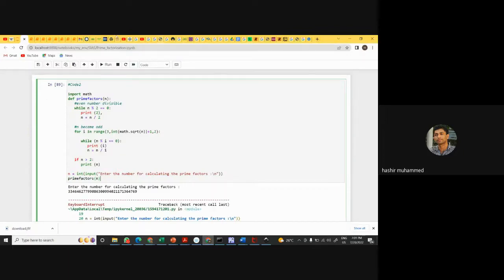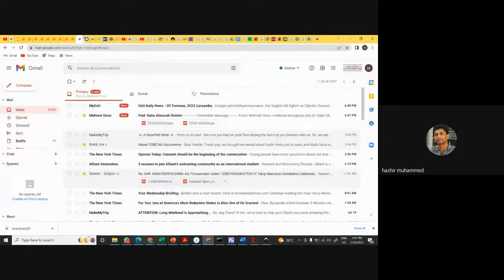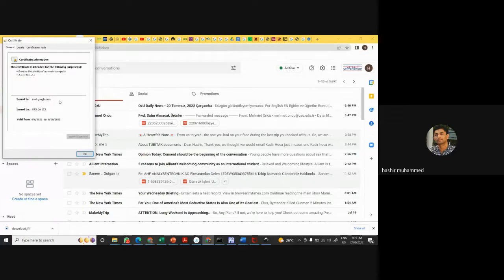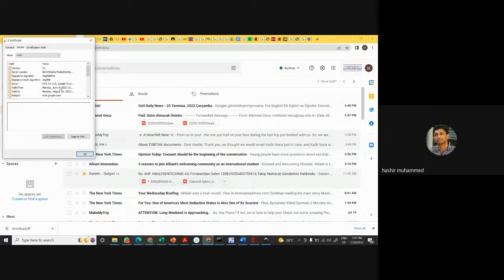Let me go to my Gmail and look here. This is also encrypted. Most of the time I see the RSA algorithm, but this is a different algorithm, the ECC algorithm. Also you can see this is 256 bits, which is much lower compared to RSA.